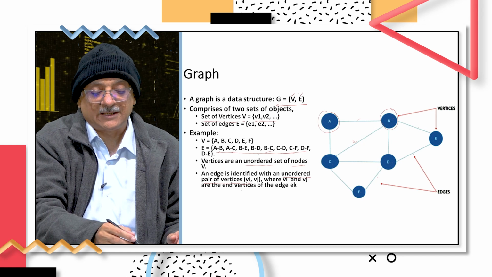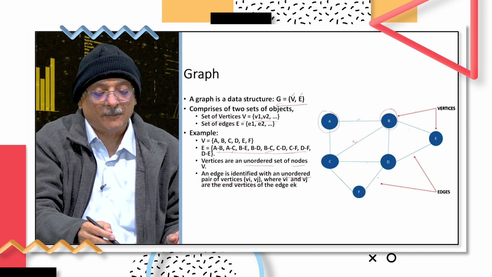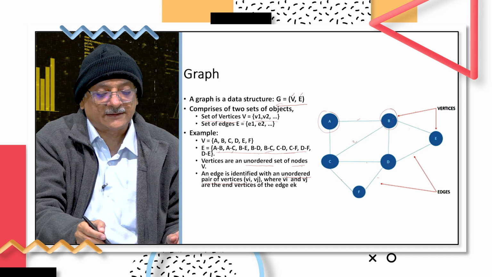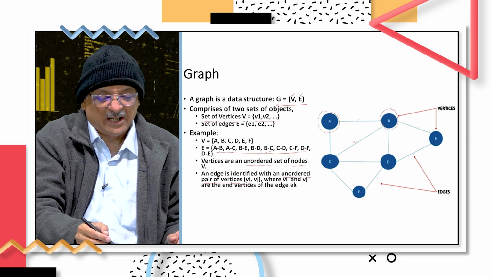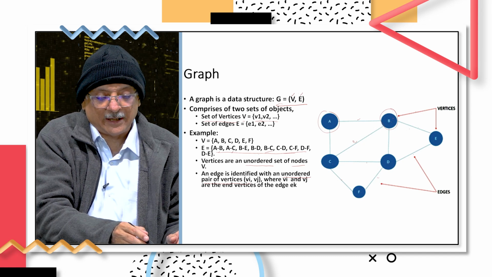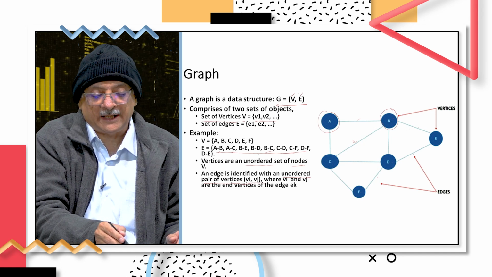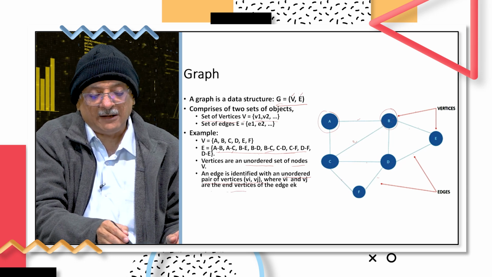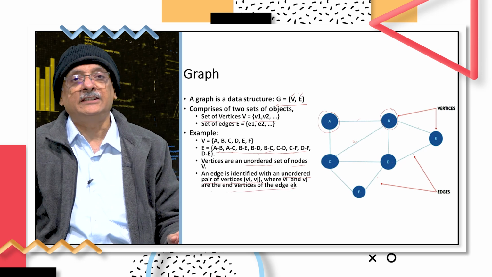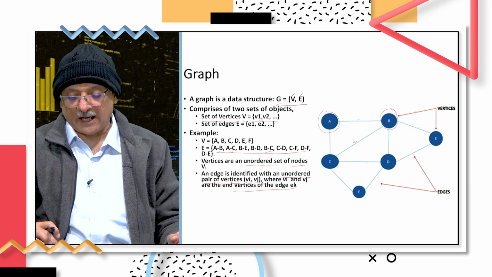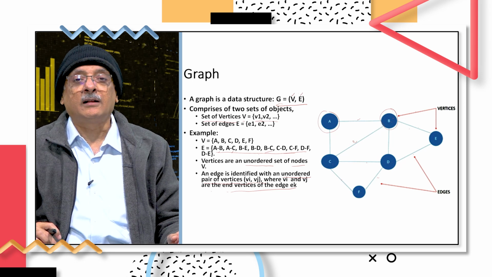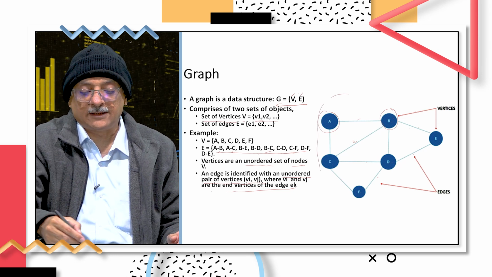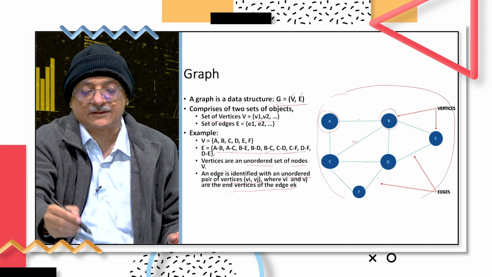An unordered pair of vertices Vi and Vj represents the edge Ek. So this is how we define a graph.